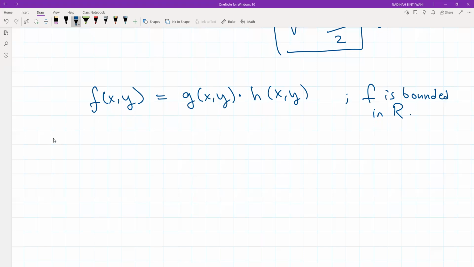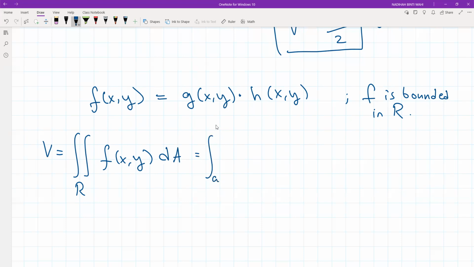The advantage in this case is that if I have the volume, it is just the region R, f(x, y) is the function, the surface, sorry, and the dA. I have integrate from A to B and then integrate from C to D of f(x, y) dy dx.